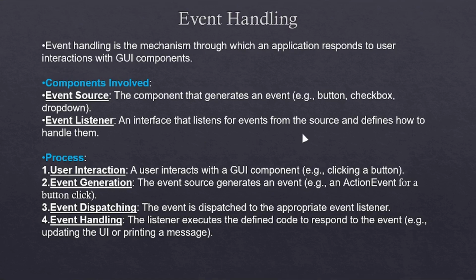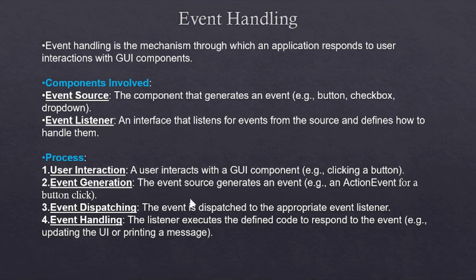So the process goes like this. First, you have a user interaction with the GUI component, like clicking a button or entering some text in a text box. Second, event generation. Once a user interacts with the GUI component, that component will generate some kind of event, like an action event for a button click. The third step is event dispatching.